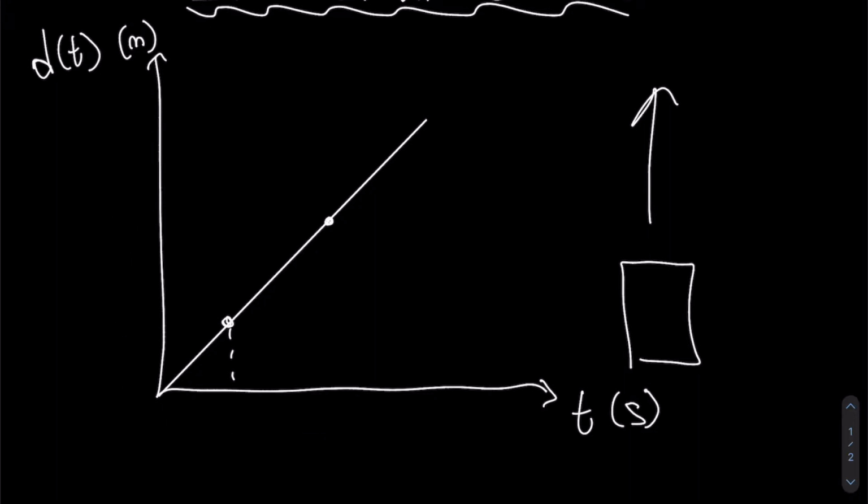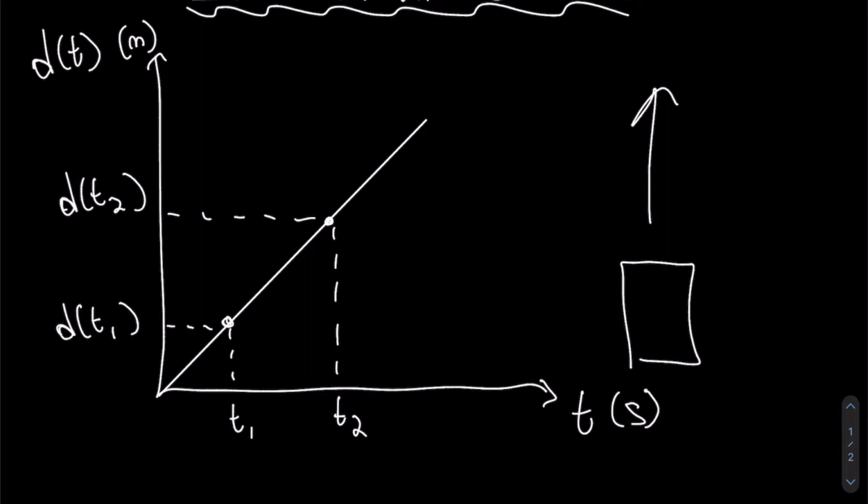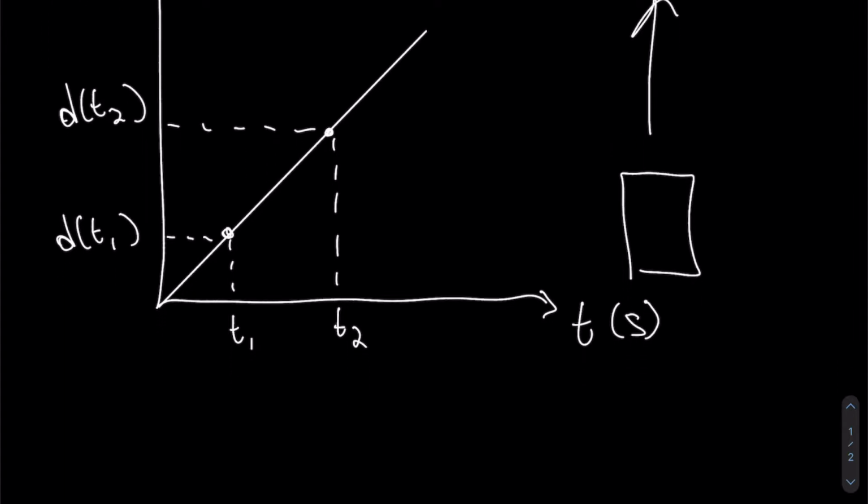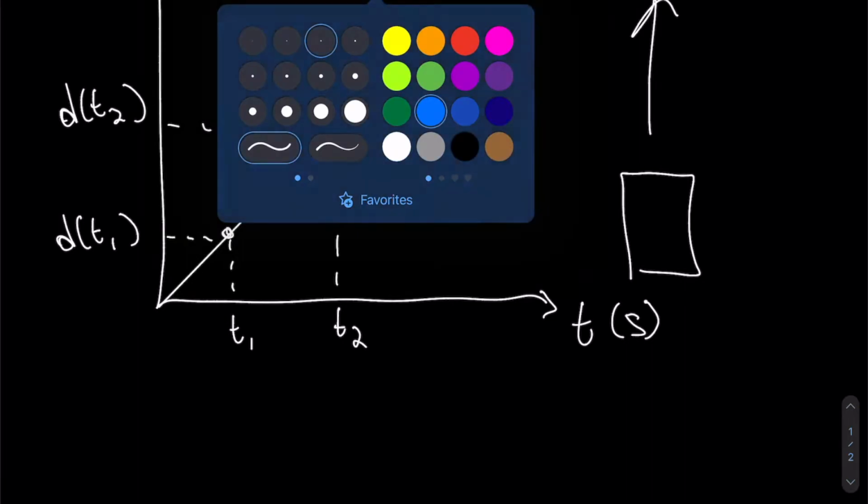Well, I can take one point in time, which I'll call t1, and the corresponding distance value would be d at t1, and another point in time, t2, which has distance d at t2. Now, if I want to find the speed, first let me see how much I'm changing in time.